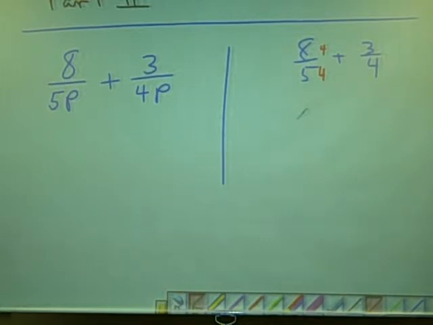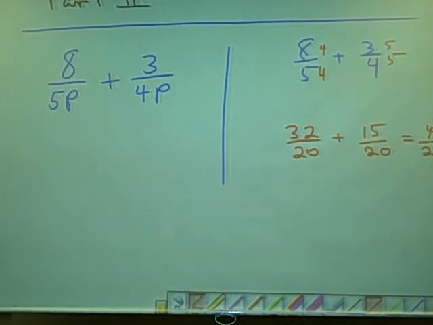And so that'd be 8 times 4 is 32 over 20. And then here we have to multiply 5 over 5 and get 15 over 20. Okay, and then from there we can add 32 and 15, and that'd be 47 over 20.